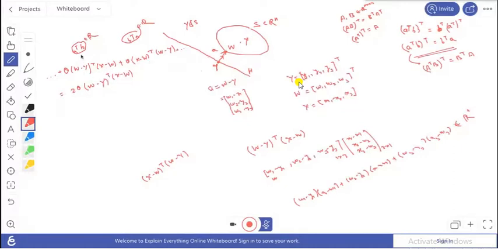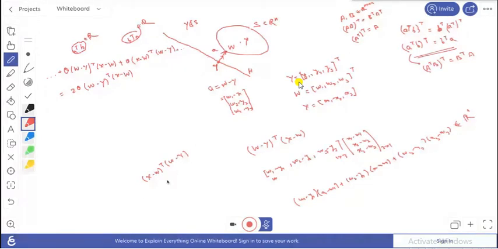But here the product of this is a real number, and two real numbers are the same, because for any real number, suppose 5, if we transpose that number 5, as a 1 cross 1 matrix it is simply 5. So that's why these two are the same.